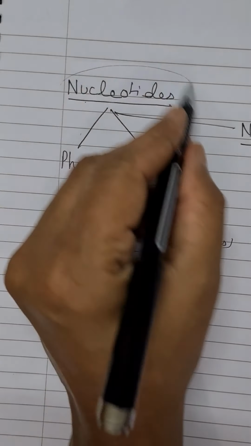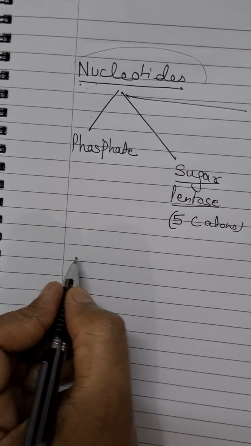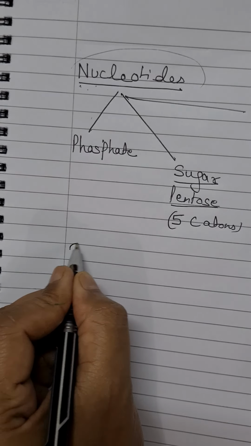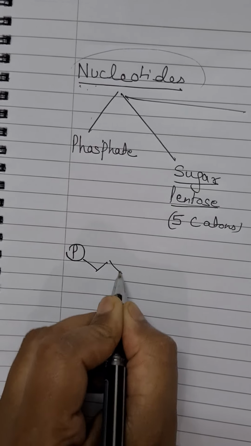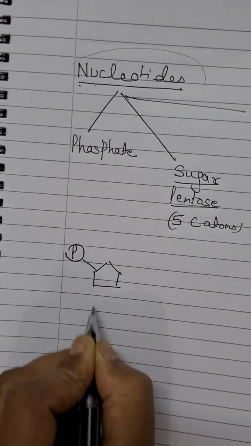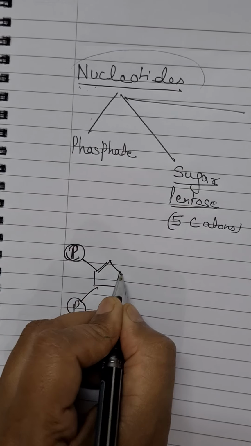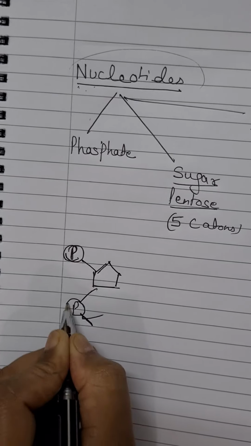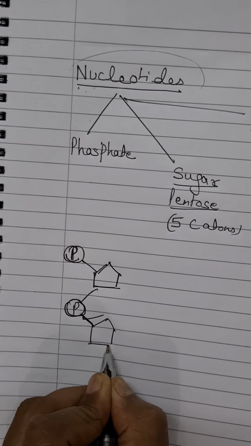Now, these nucleotides are present in strands. How are they arranged there? In each strand of DNA, phosphate and sugar molecules are present lengthwise, repeating lengthwise. So one phosphate, then one pentose sugar, again one phosphate molecule, and it is attached to pentose sugar again.